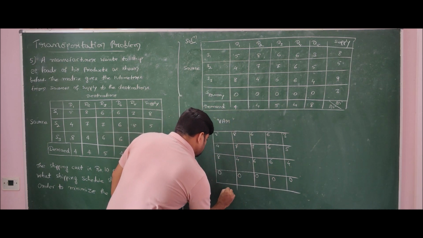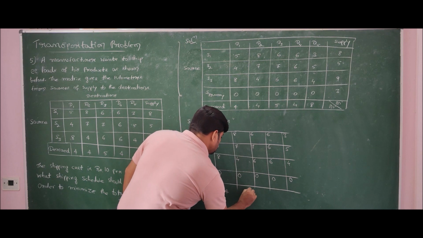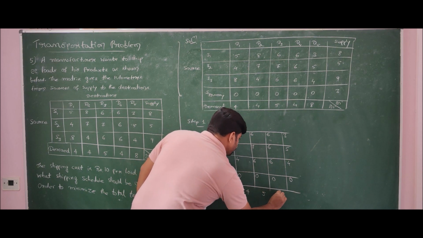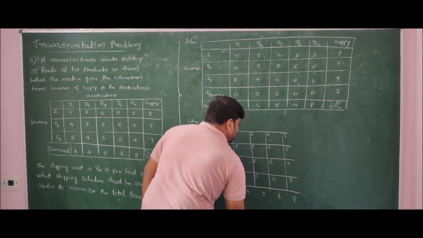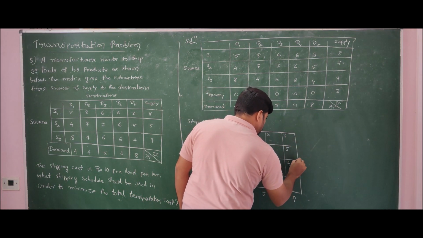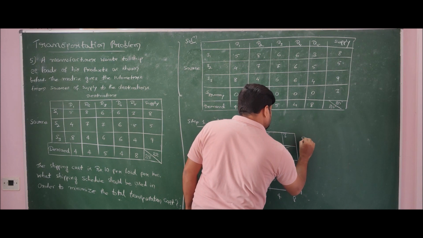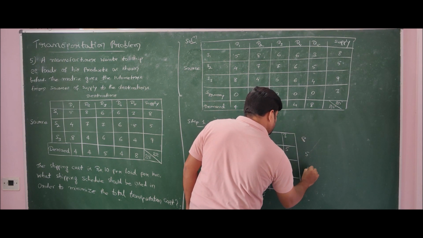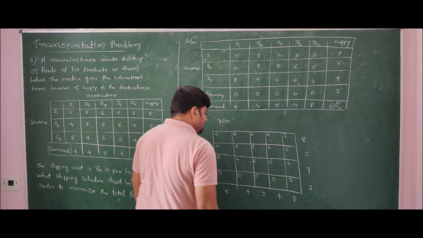Coming for the demand is 4, 4, 5, 4 and 8. Coming for supply, the supply is 8, 5, 9 and 3.